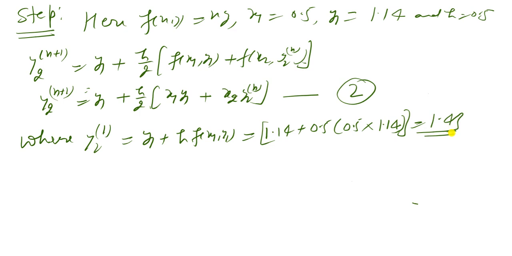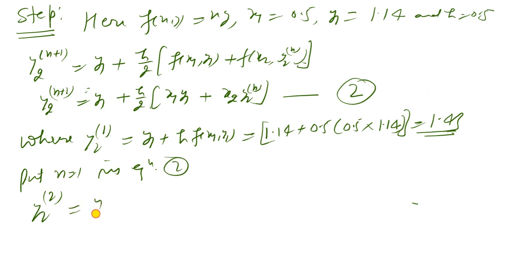Now put n is equal to 1 in equation 2, so we obtain y2 2 is equal to y1 plus h upon 2 times x1 y1 plus x2 y2 1.